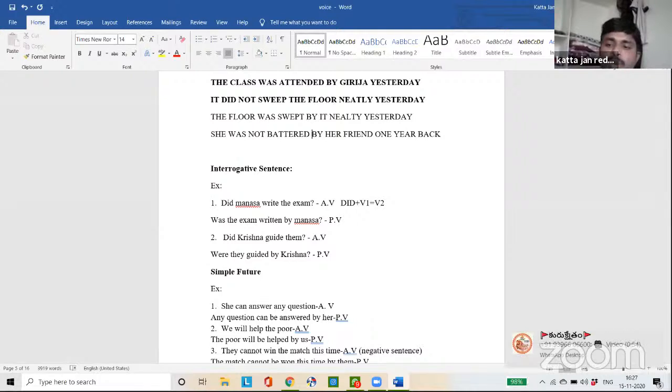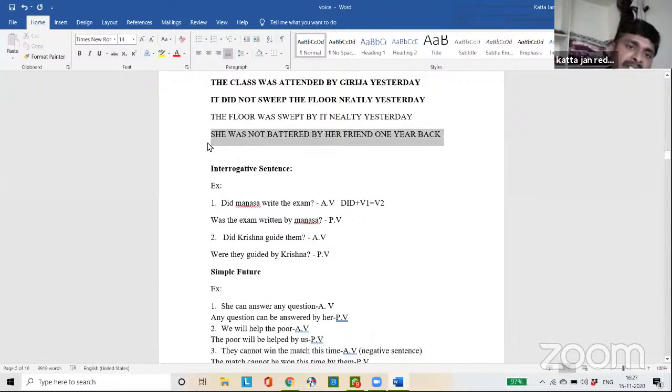So that is batter. So here a wrong sentence is given. When you know active voice and passive voice, then you can be capable of identifying whether the given sentence is wrong or right. For this, we need to know active voice and passive voice.